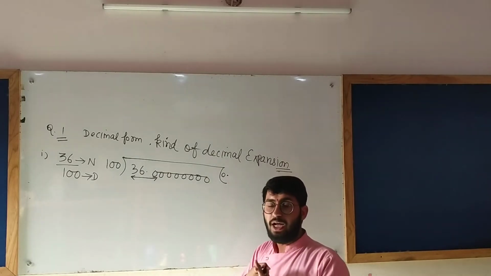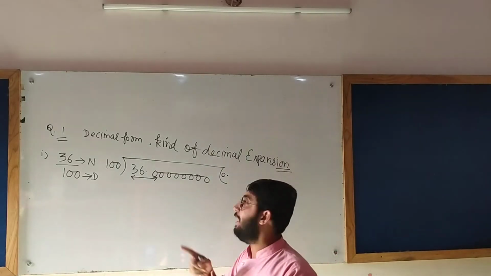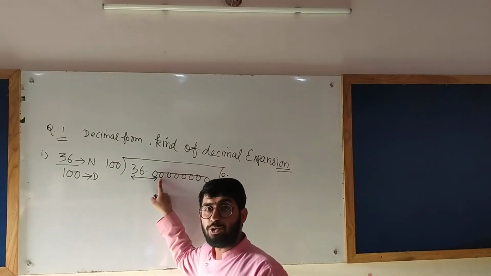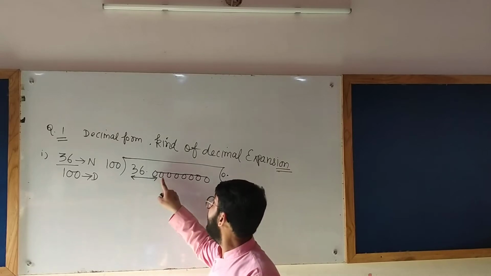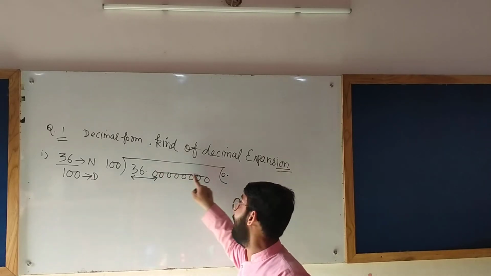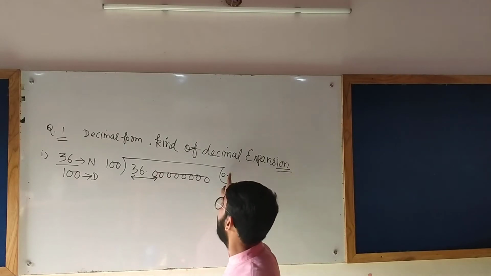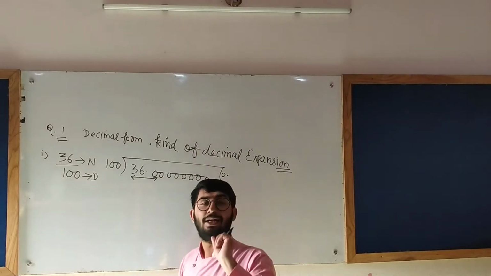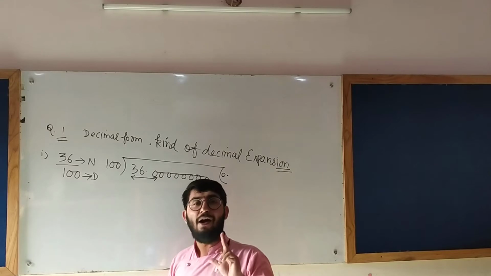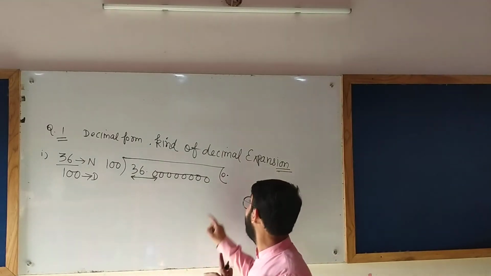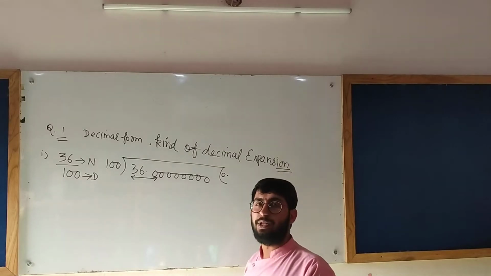For one digit after the decimal, you write the point in the quotient, and if you use two zeros simultaneously, for the second zero you add 0 here. But now I am using only a single zero after the decimal, so I'll write only a single decimal point here.